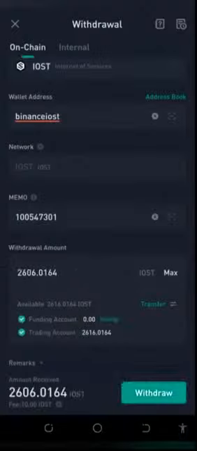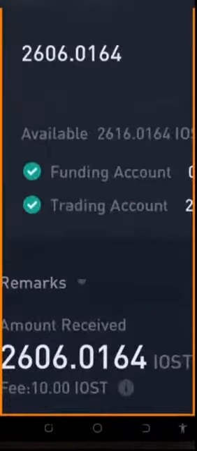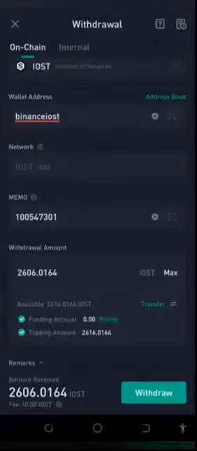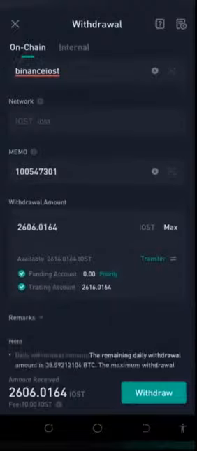Then we pick max. So what we get is 2606. Remember that there's going to be a withdrawal fee of about 7 cents. It says that the fee is 10 IOST, which is equivalent to about 7 cents. Okay. So we're going to go over and get this done. All right. So 1 to go. Let's withdraw.